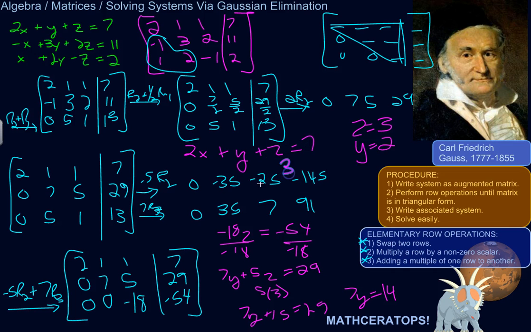Well, z is 3, y is 2, so 2 plus 3 is 5. Subtract 5 from both sides, 2x equals 2. So x equals 1. And we know we're right because I actually set it up so that x would be 1, y would be 2, and z would be 3, just to simplify things. Believe it or not, this is a simplification.